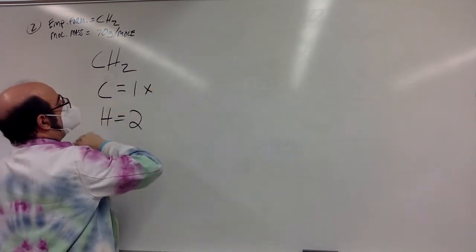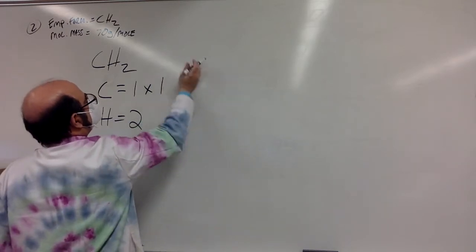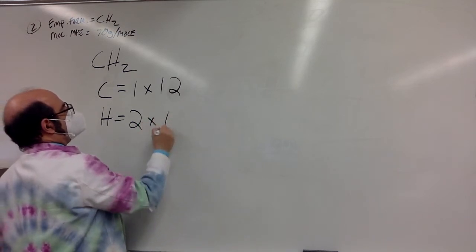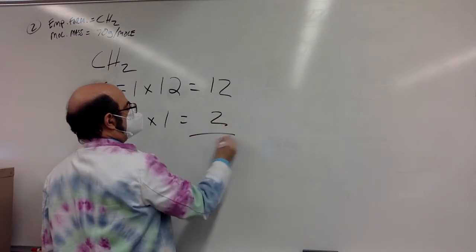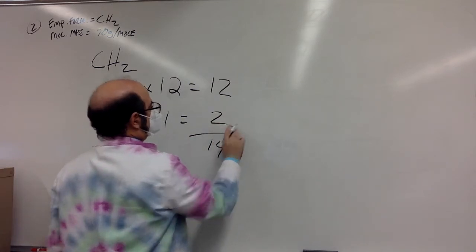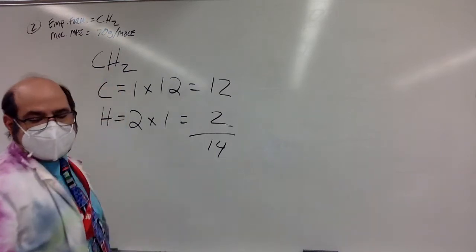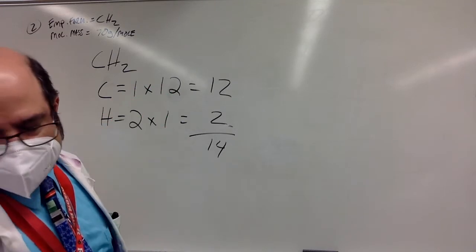C weighs, mass, 12. Hydrogen weighs 1. So we do the math. 12 plus 2 is 14. So that's telling us that the mass of one of the units is 14.